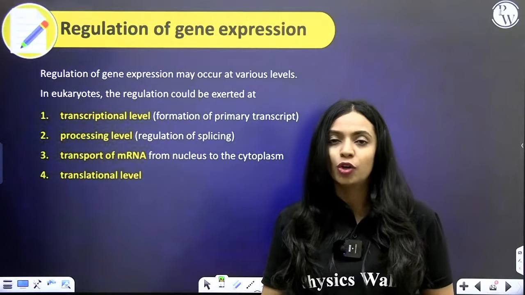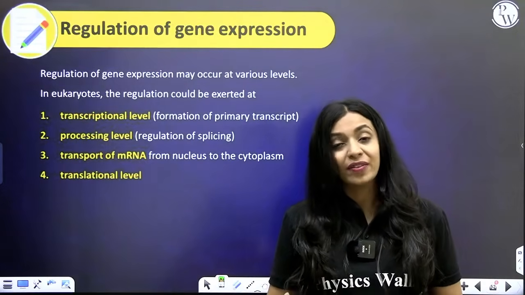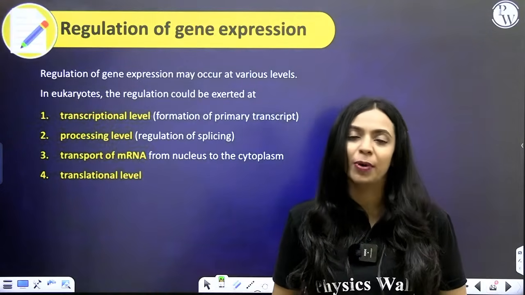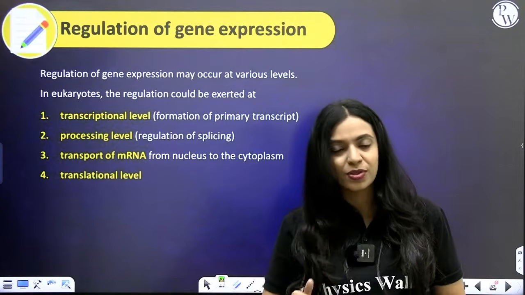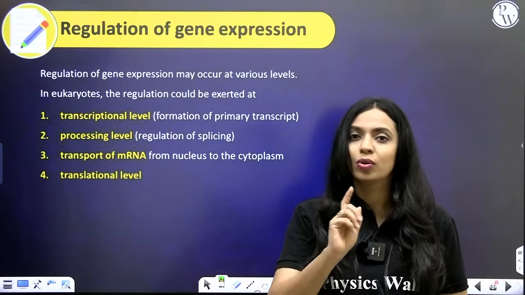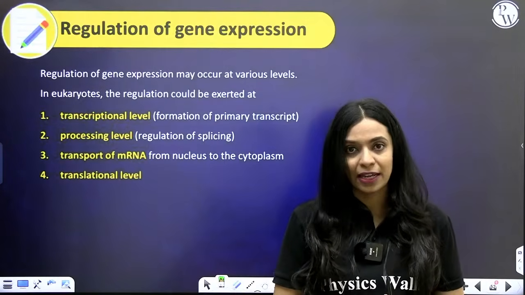How does the cell know when to turn off that gene, when to turn on that gene? Whenever there is a requirement that arises, how will the cell know to turn on a particular gene and produce its product? And whenever there is no requirement, how does the cell know to turn it off? How is the expression of genes basically regulated?